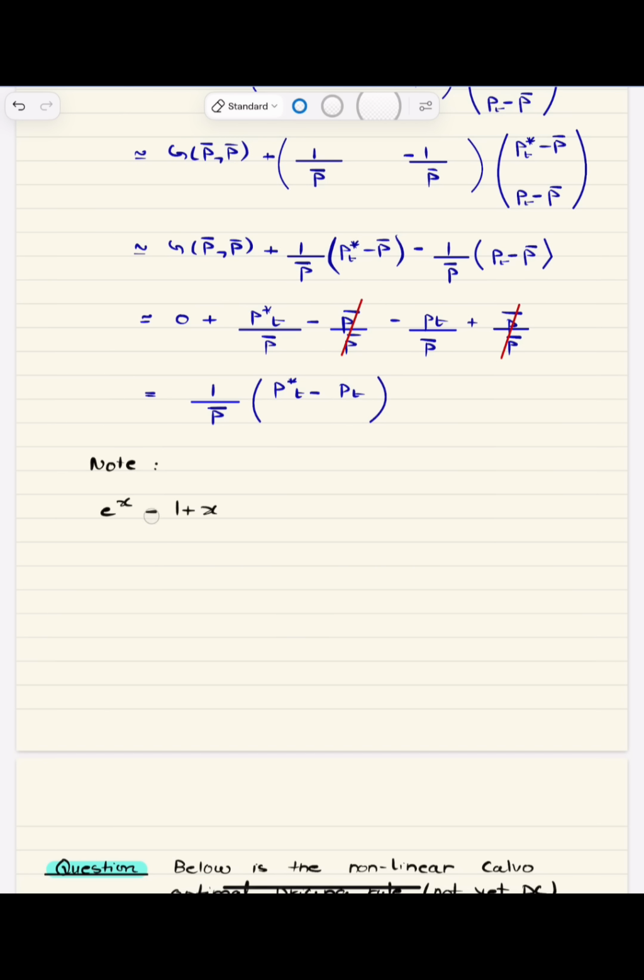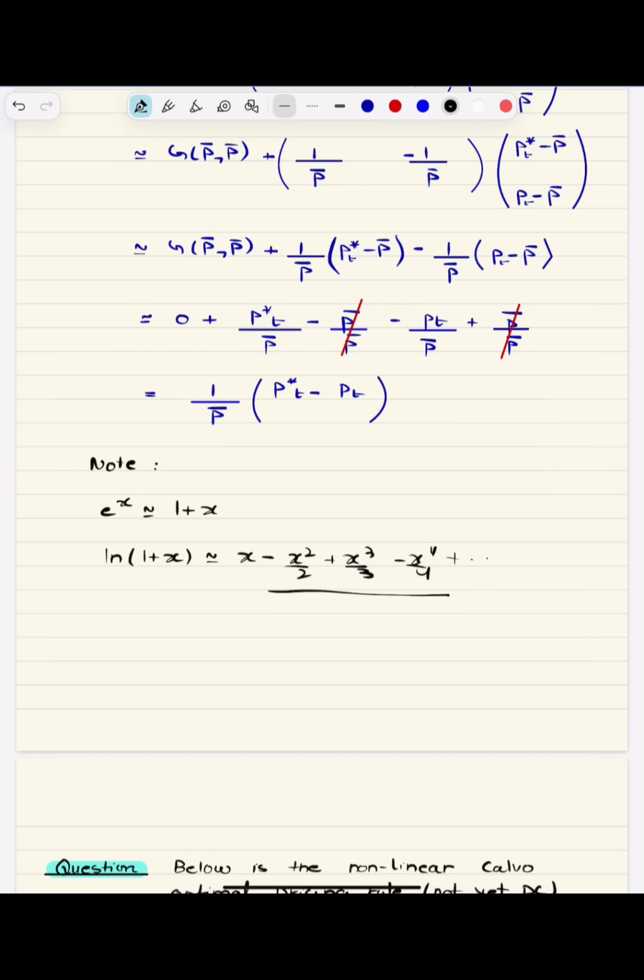Okay. Similarly, for the linear approximation of ln(1 plus x), if I do the Maclaurin expansion around x equals 0, I'm going to get x minus x squared over 2 plus x cubed over 3 minus x to the 4 over 4 and so on. But this is no longer linear because of the square, the cube and the power 4. So if I want a linear approximation, I'm just going to leave it at x.